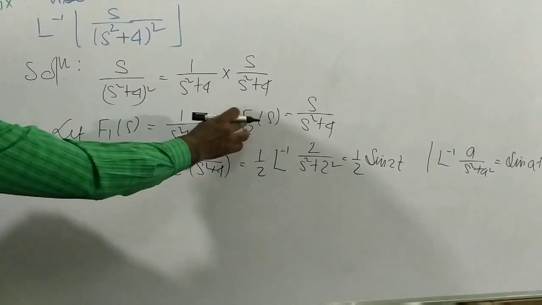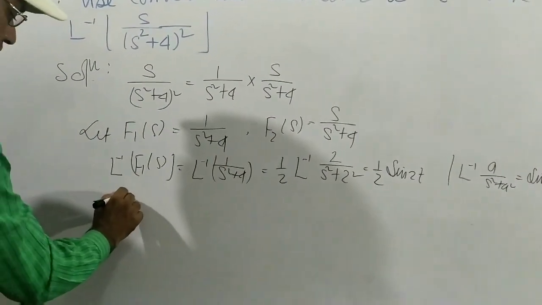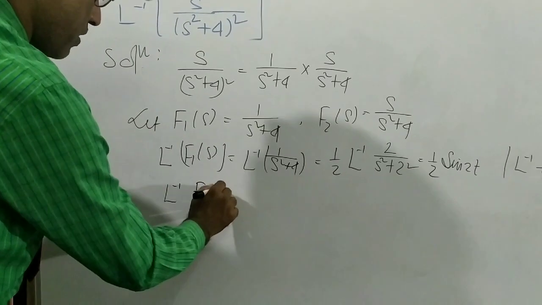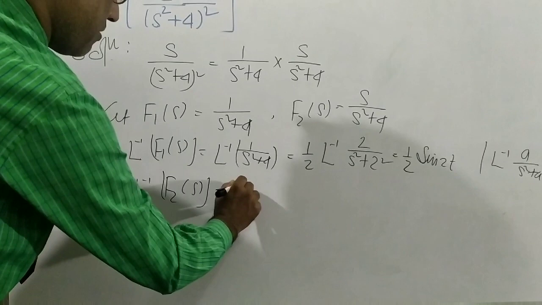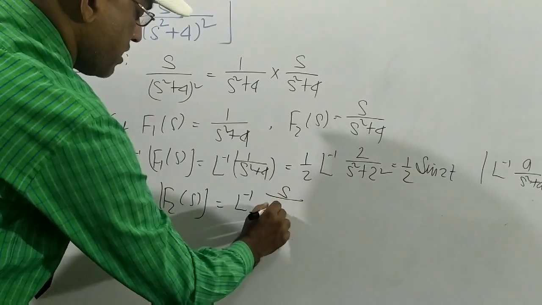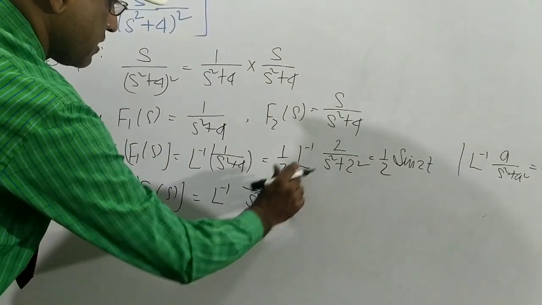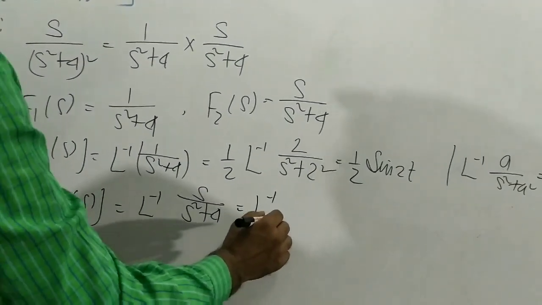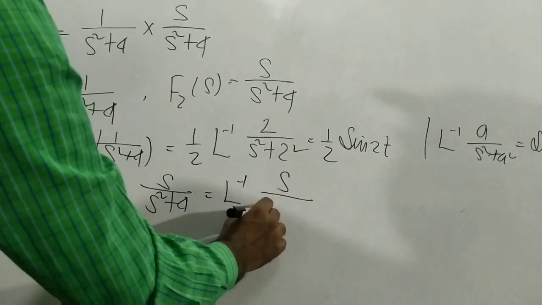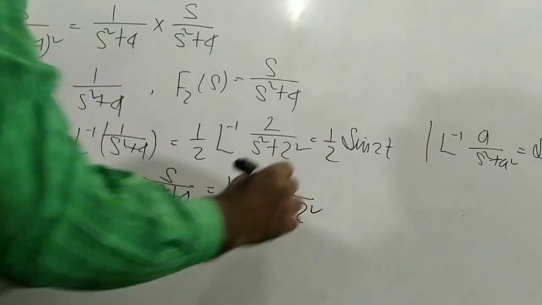Again we consider L inverse of F2(s). Taking L inverse on both sides of s by s square plus 4, this equals L inverse of s by s square plus 2 square.